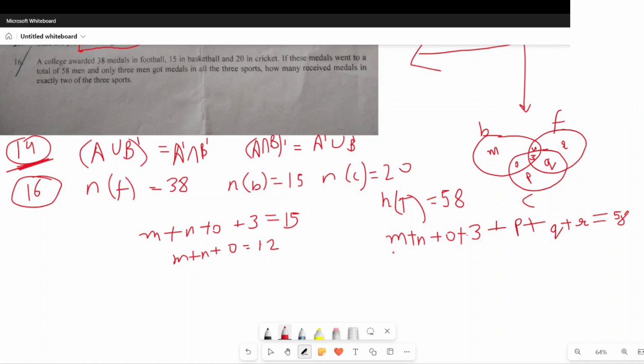Okay. We know the value of M plus N plus O. It is 12 here. And then finding the value of P, Q, R, we will make equations and then we can solve this question. I hope you understood this question. So that was all about the sample paper of the unit test of class 11, which covers the first two chapters, that is the sets and the relations and functions.